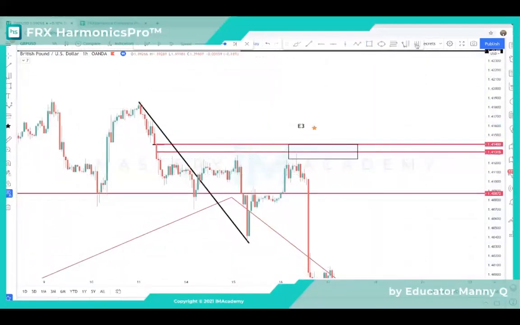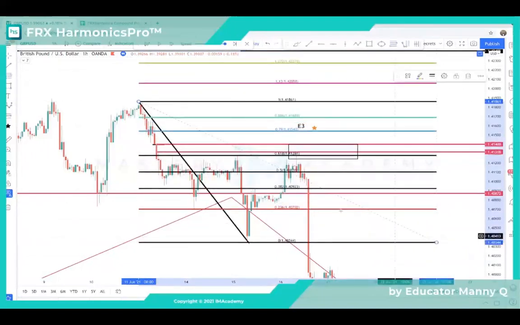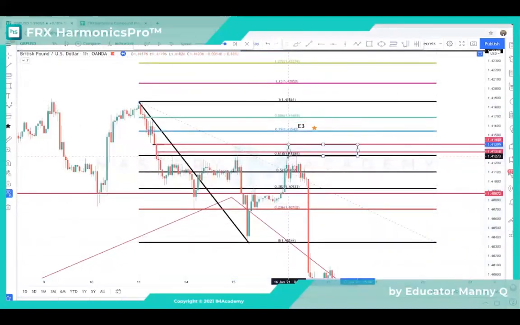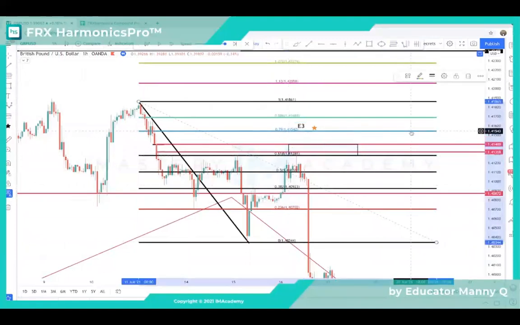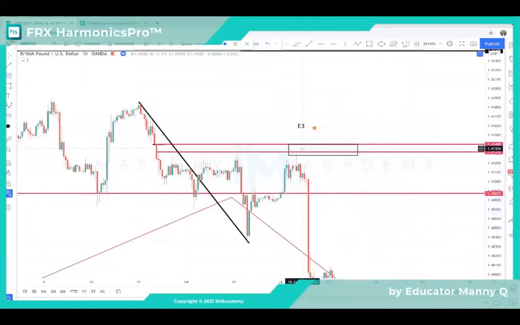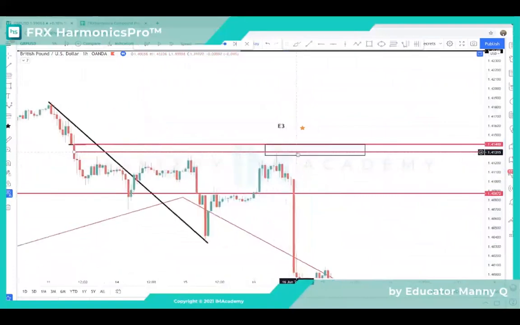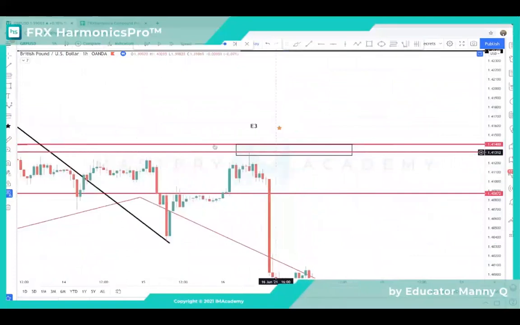Where was the 618? There goes the 618 right over there. Boom. If you kept that area true, look at how you could have come in and demolished that entry point. That's an early trader.